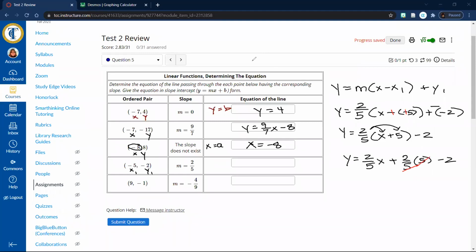Yeah. Sometimes we're not as lucky. I'm sure you've seen on your homework, we haven't always been as lucky. But when it works out nicely, you're able to cancel them out. And you look at 2 minus 2, which is what? Just 0, right? So this ends up just being y equals 2/5 x.